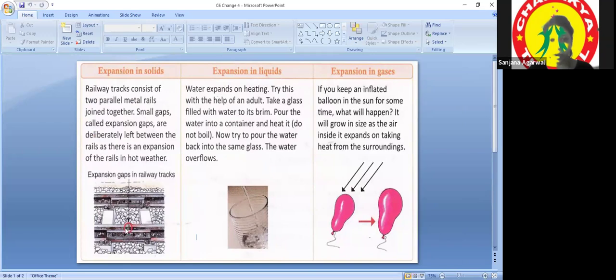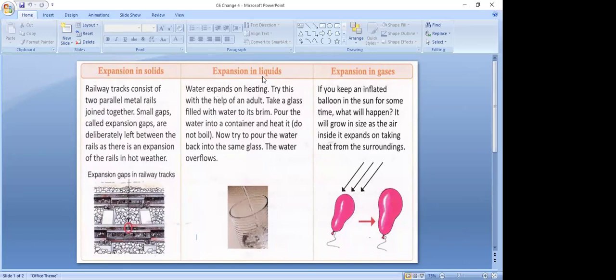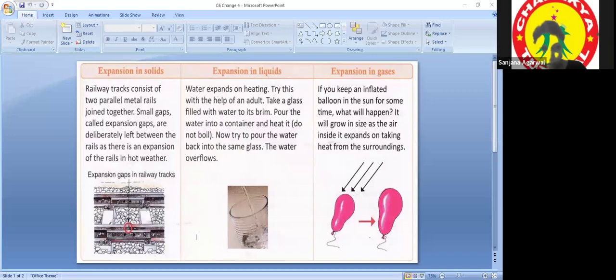Have you noticed this? Look at the red circle. I'm telling that these horizontally placed two tracks are joined with some other piece of metal, but there we can easily see some gap. Next time if you visit a railway station, please notice.